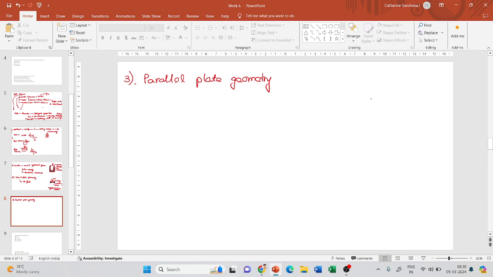It will be a flat plate in the bottom which is stationary, and another plate on top which is moving. Okay, so these two.